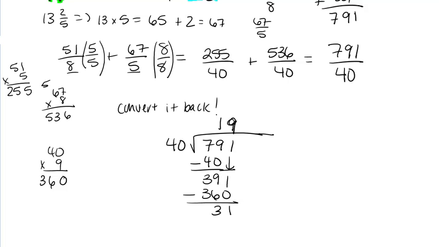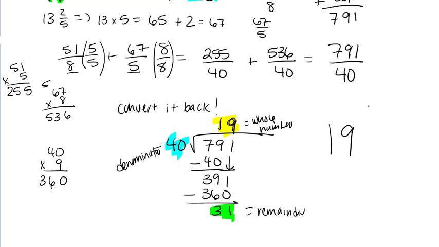So here we have our remainder, our whole number, and our denominator. So we get 19 and 31 over 40.